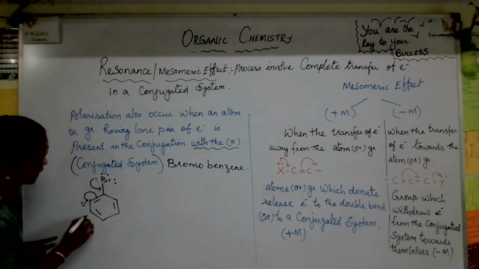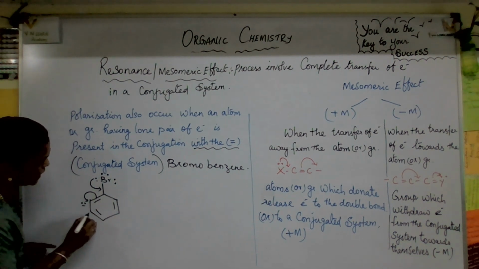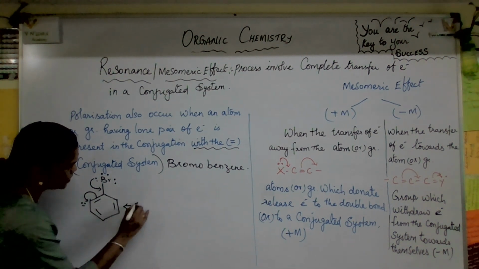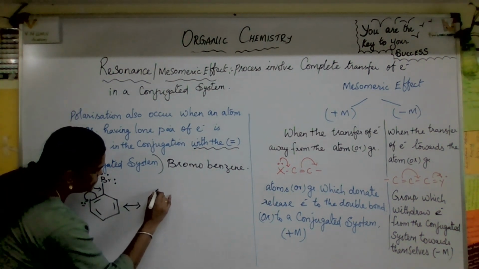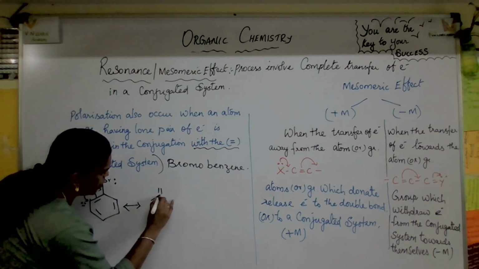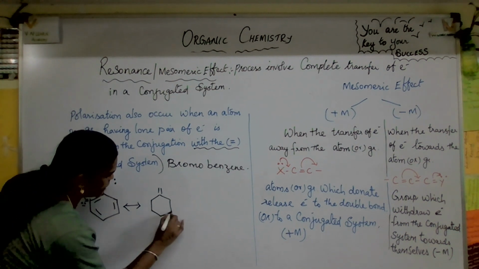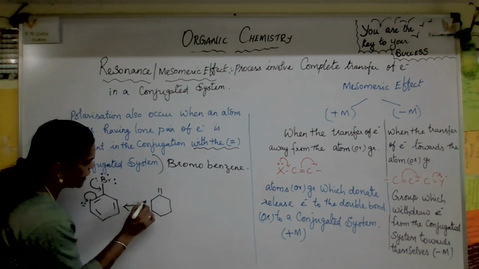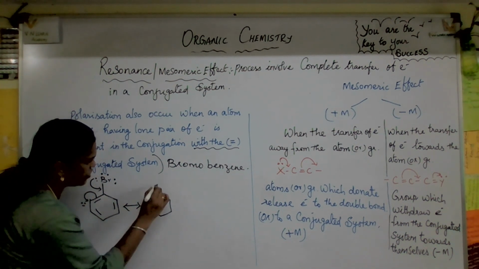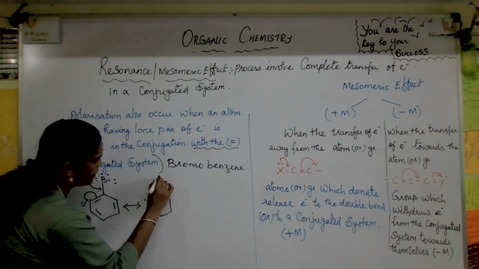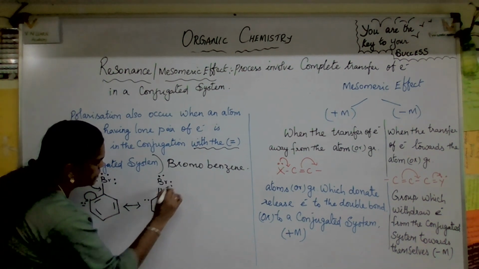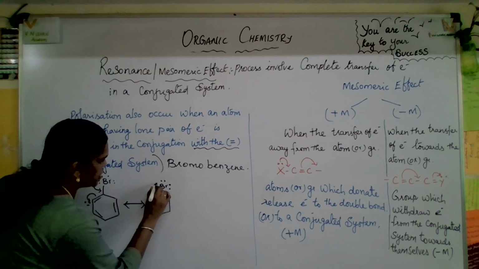So what happened again from here? I just put it in this way. Here the double bond will turn, because the lone pair of electrons converted on this side. So here on this side a lone pair of electrons, here Br, here a positive charge.